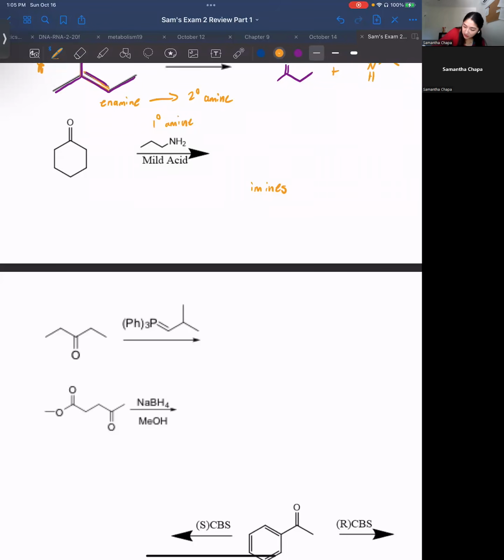All I'm going to do is redraw my ketone structure, the R groups on it, and cut off this oxygen, place my double bond where it usually is, and attach my nitrogen compound without any hydrogen. So just this. It's a total of 3 carbons. Let's not drop any carbons. 1, 2, 3. Yeah, that should be good.